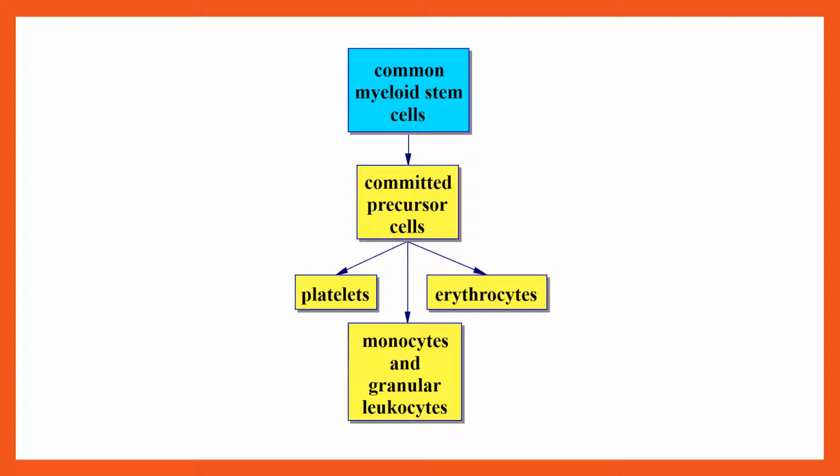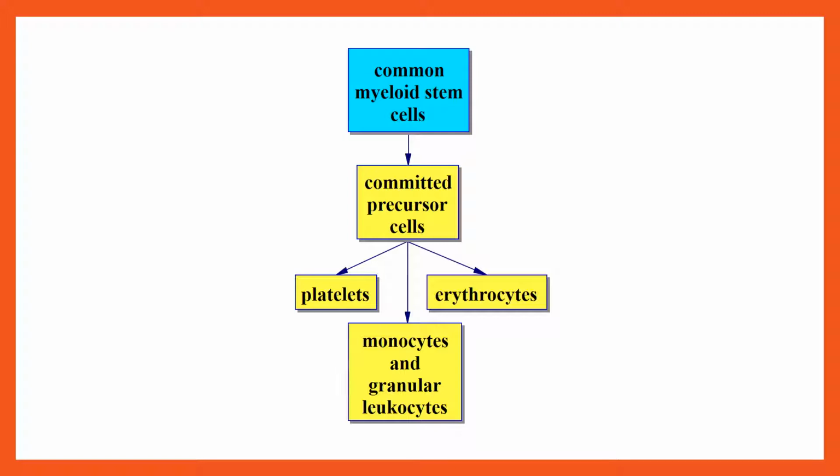So this is another depiction of the transformation of the myeloid stem cell into end results: platelets, monocytes, granulocytes, and erythrocytes. So what happened here? This cell comes from a pluripotent stem cell, and it will turn into a committed precursor cell. By committed precursor cell, we mean colony forming units.